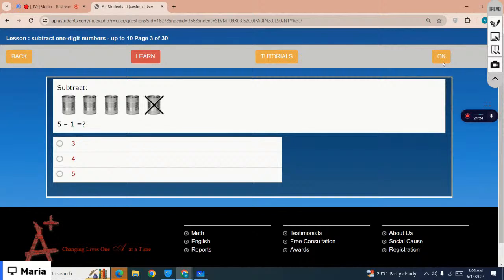Subtract 5 take away 1. So which is the correct option? The correct option is you have total 5 tens, right? 5 take away 1 is 4. The correct option is 4.